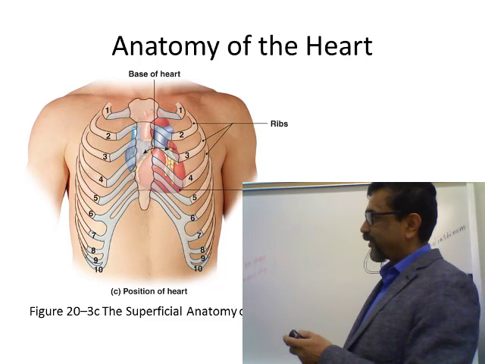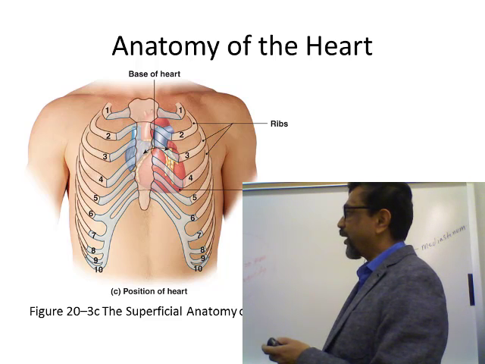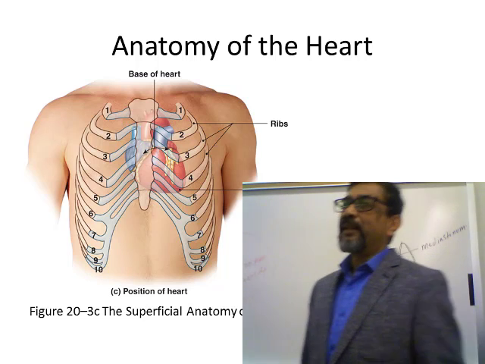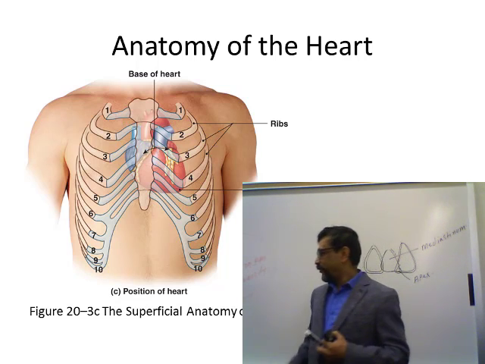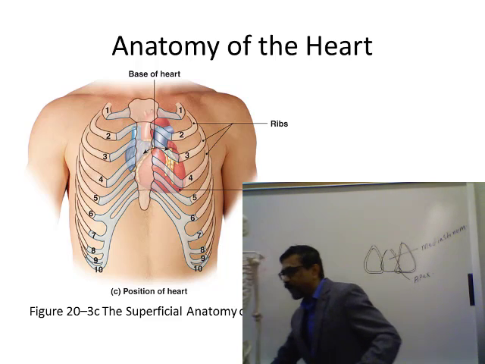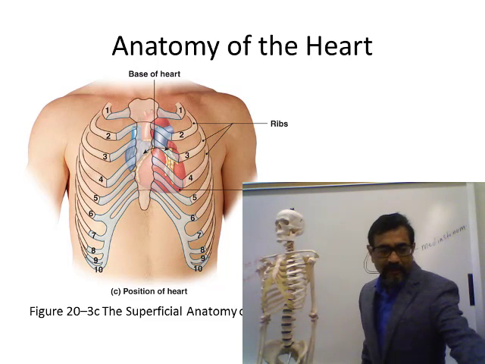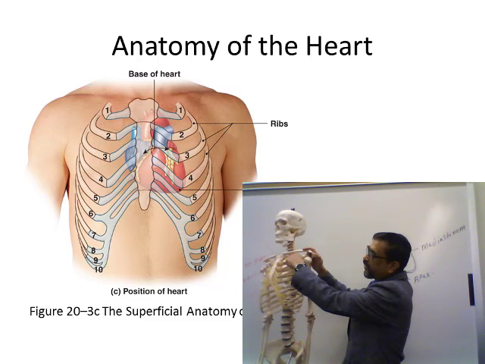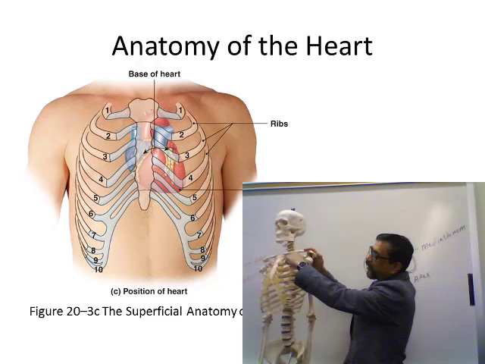This is your first rib, right? Second rib, and the space between the ribs is called intercostal space. So your heart is located between the second, this is first intercostal space, this is second intercostal space. So your heart is located between second and fifth.